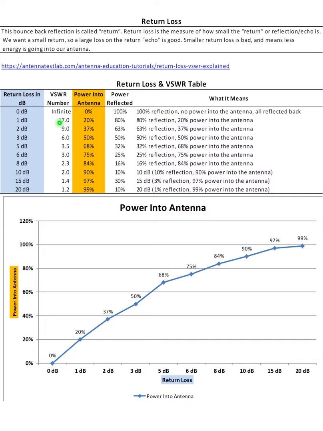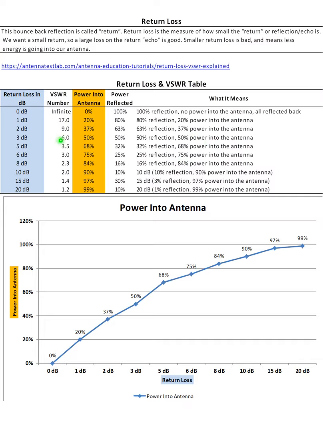And then as the standing wave ratio improves, we get a little less reflected power. Say we go to 3 dB return loss, which is equivalent to a standing wave ratio of 6. Then we get a 50-50 split of reflected power and power to the antenna.